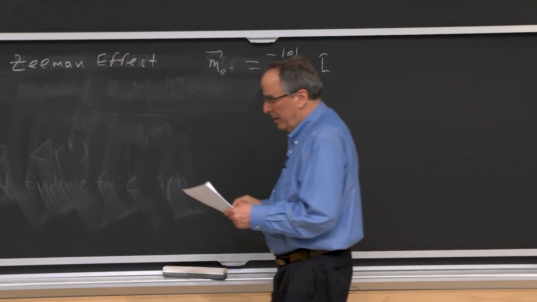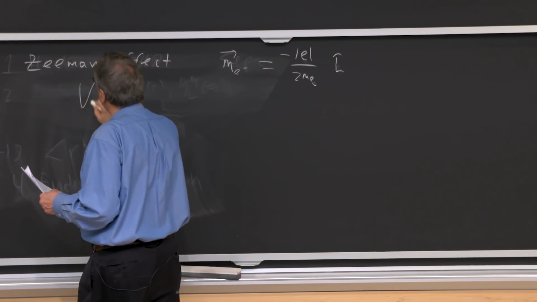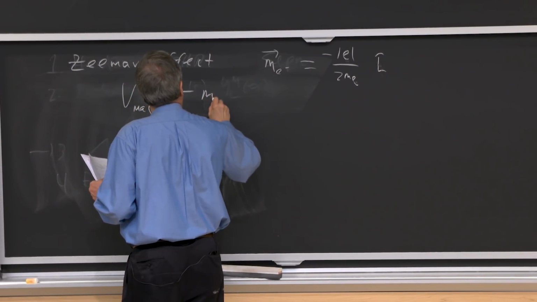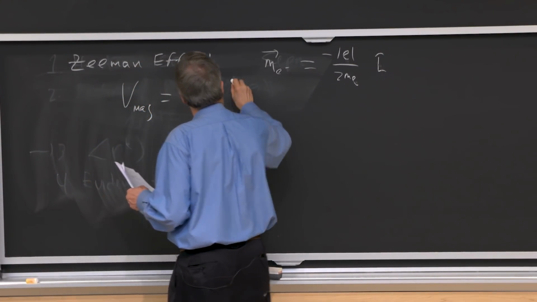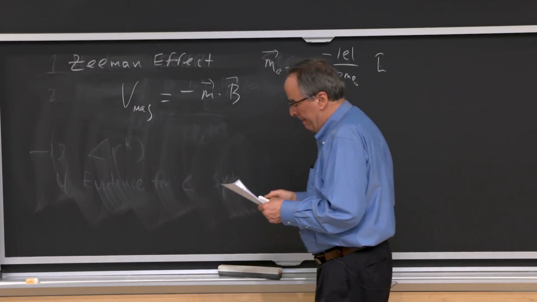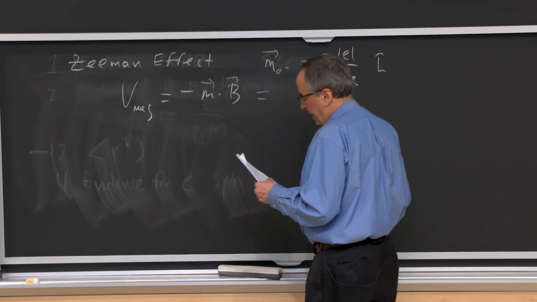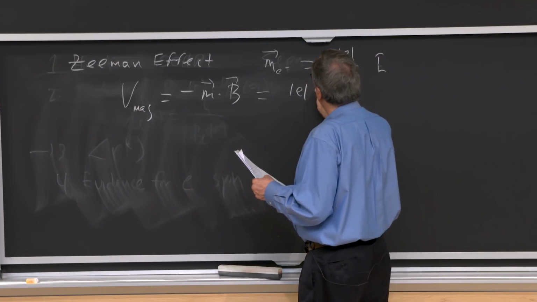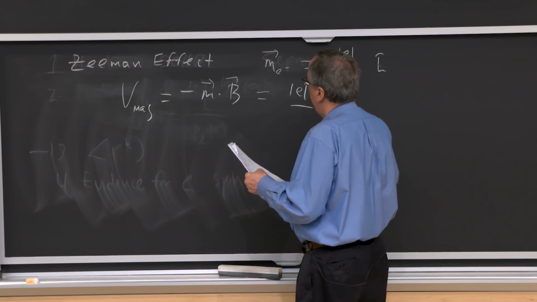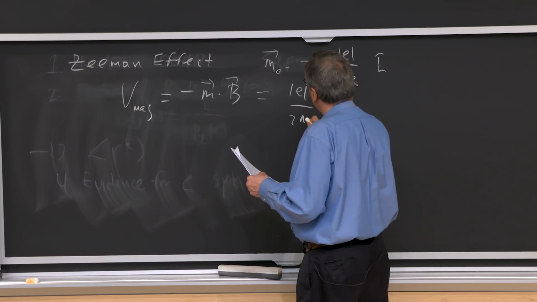So now the magnetic potential is equal to minus the magnetic moment times the external magnetic field. And so what we have is e B_z L_z over 2m_e.